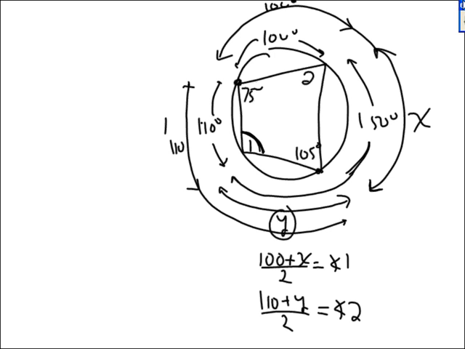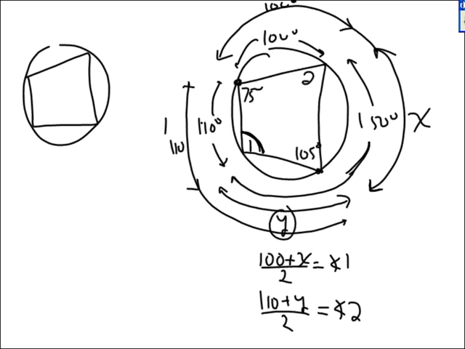Let us look at this circle a little bit differently now. We have these four sides. That's 100 degrees. This is x. This portion is y.